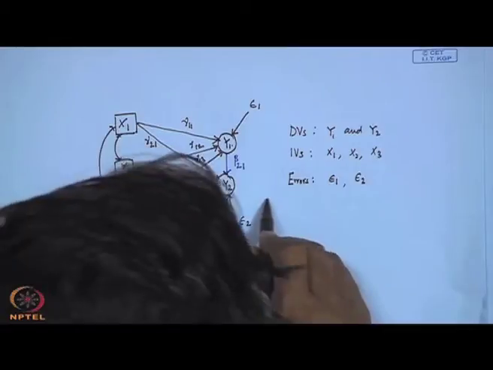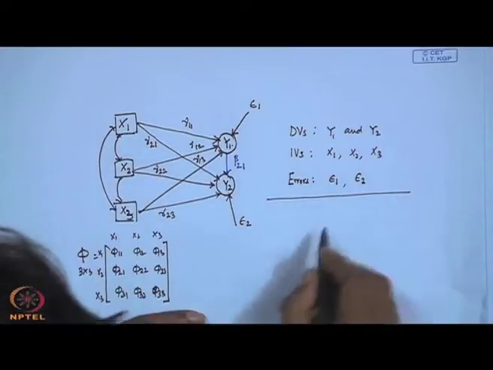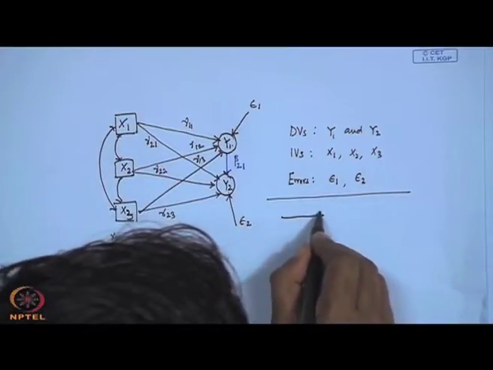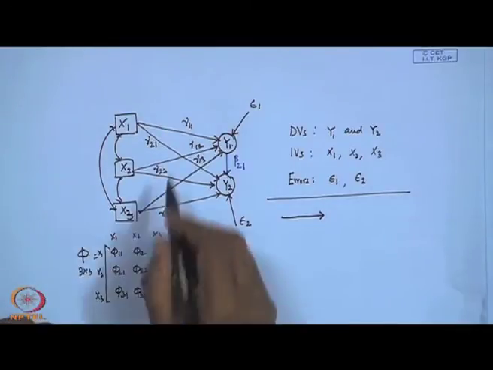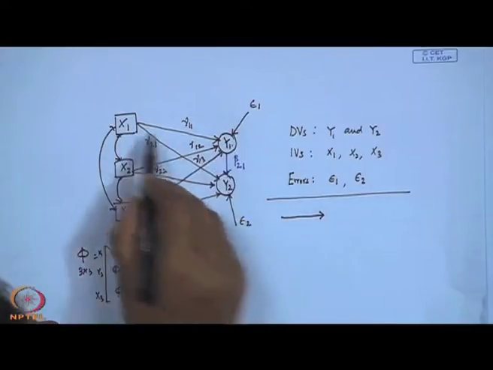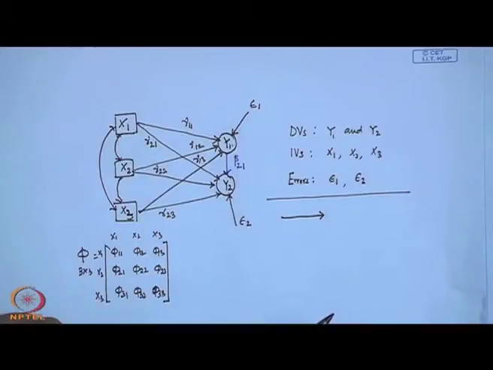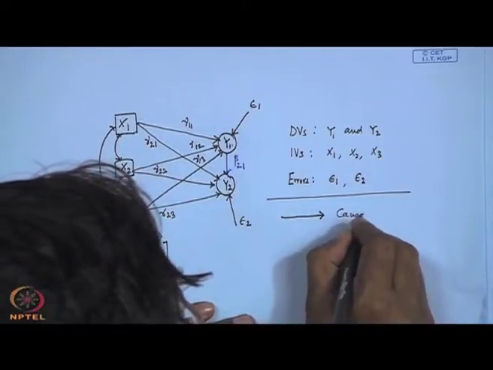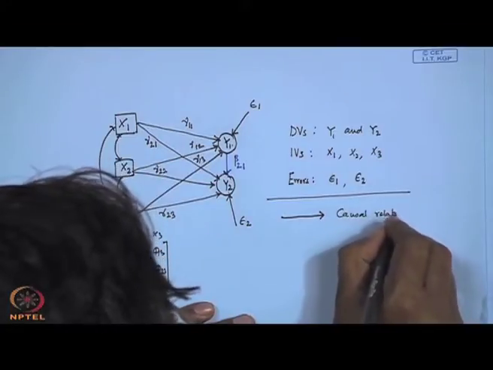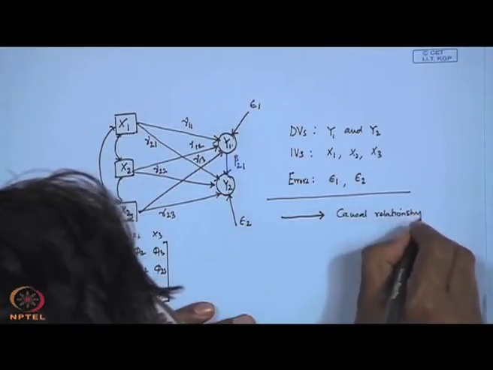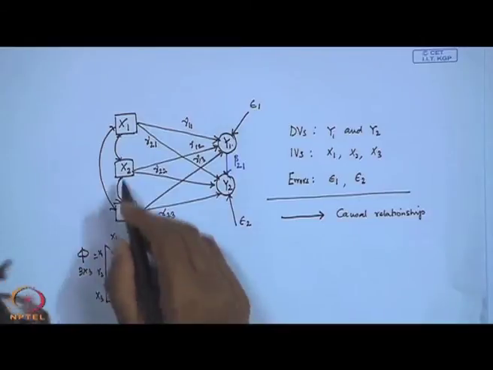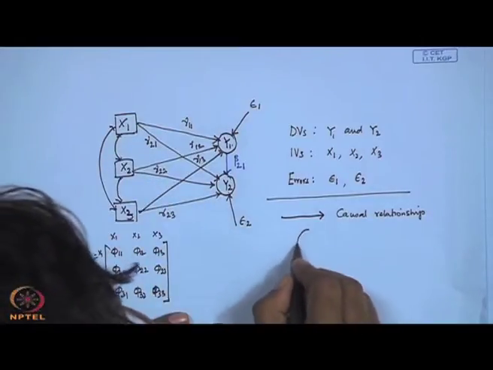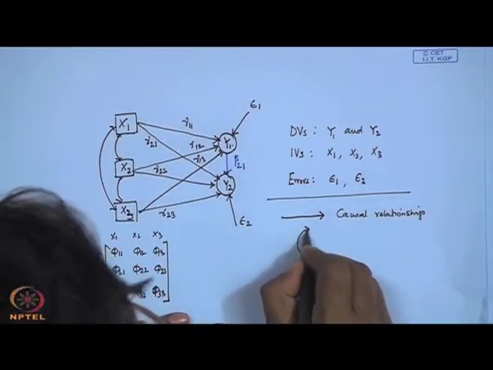Then what type of relationships are available here? One relationship is like this. If you see x1 to y1, this single arrow is known as a causal relationship. Another type of relationship is given here, like this curved bidirectional one.